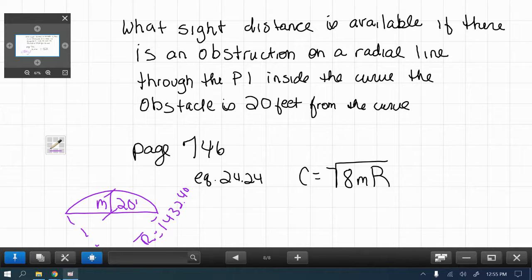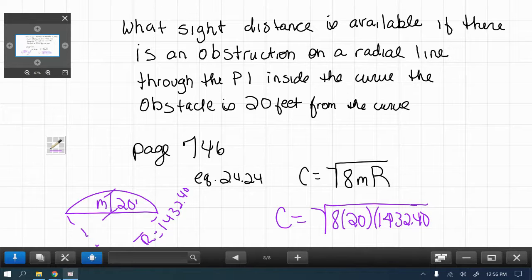For that last problem we just did, 1432.40. So C equals the square root of 8, which is a constant, times your M, 20 feet, times 1432.40. And that'll give me my sight distance.